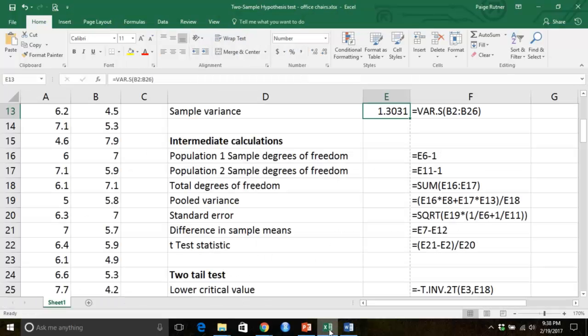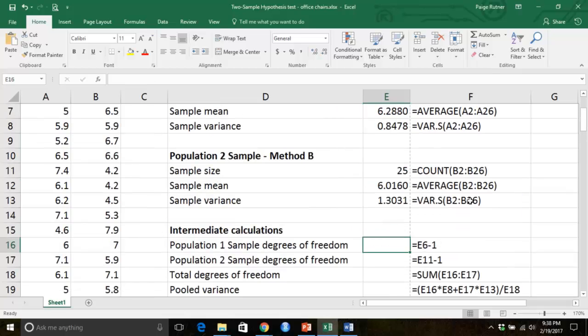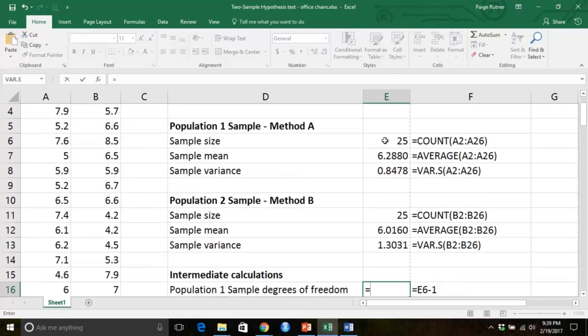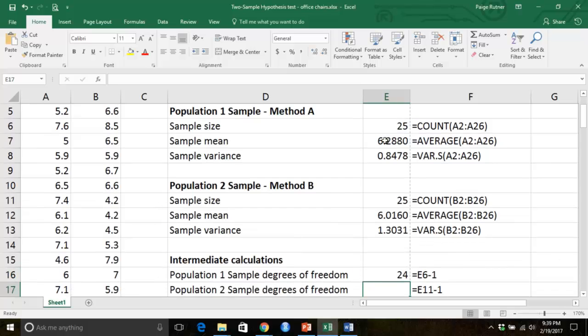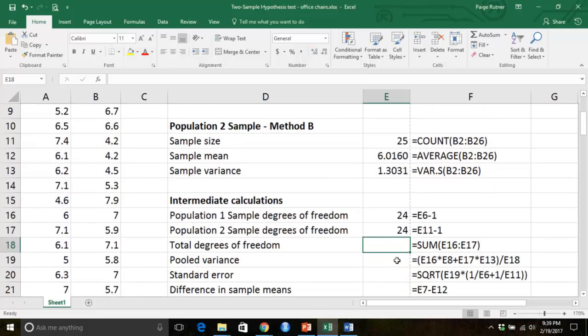So one intermediate computation I can do, just to keep things fairly simple, is I can compute degrees of freedom for each of the two samples. And that's just a simple subtraction operation. I'll take the sample size of sample A minus 1, and the sample size of sample B minus 1. All right, and so not a hard computation. We can verify those results with a little bit of math in our heads there. But it's nice to have.